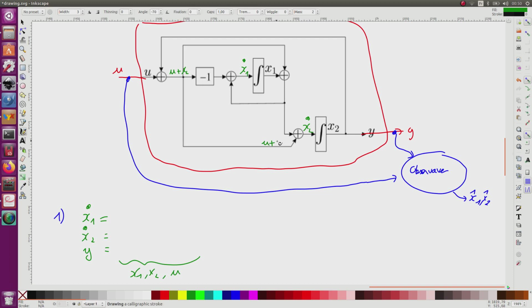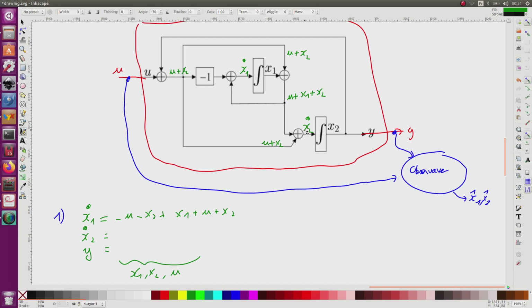So u plus x2 here, and u plus x2 here. I have an adder here, so it means that here I have u plus x1 plus x2. So x1 dot corresponds to minus u minus x2 due to this, plus this term, so it is x1 plus u plus x2.